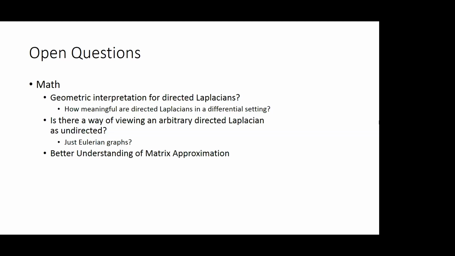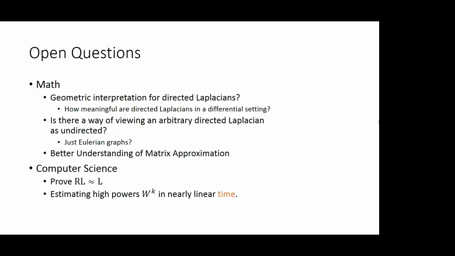And then finally, I think it'd be nice to get a better understanding of some of these notions of matrix approximation that we use for asymmetric matrices. From a computer science perspective, obviously, you would want to prove that RL is equal or nearly equal to L. Another thing that would be nice is, with our work we can estimate high powers of W to the K to high precision for Eulerian graphs in nearly logarithmic space.